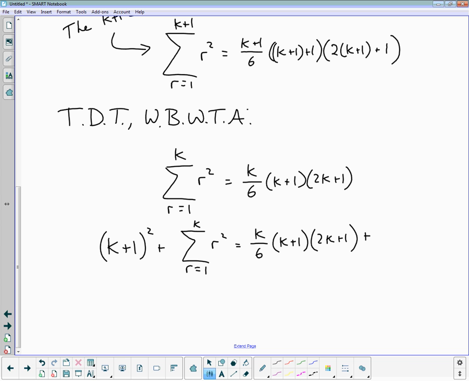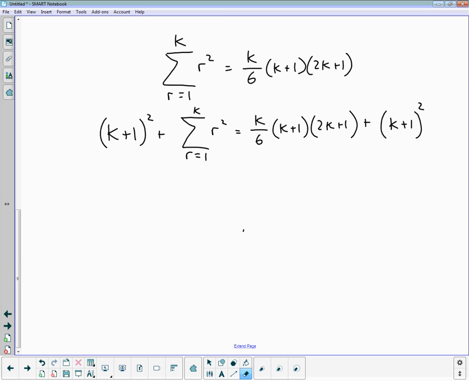Otherwise, you won't have anything to work with, and you'll be mistreating your equal sign. So now that I've added the k plus 1th case, I can modify the bounds on my sigma notation, and now all we have to do is perform a small miracle on the right.